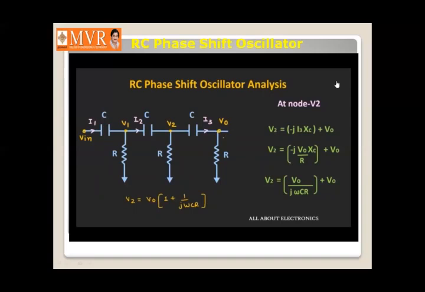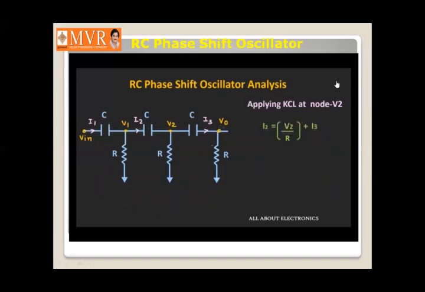Now similarly let us find out the expression of I2 in terms of Vout. So if we apply the KCL at this node, then we can write I2 is equal to V2 by R plus this current I3.